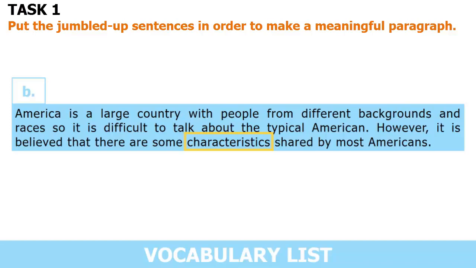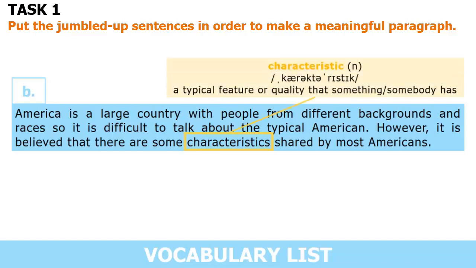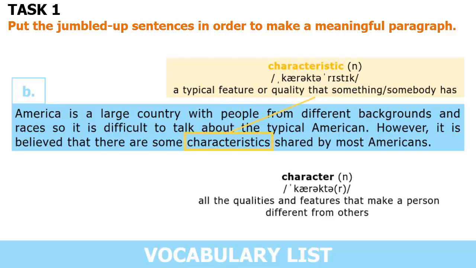A characteristic is a typical feature or quality that something or somebody has. It means nét đặc trưng, đặc điểm. We also have another noun, character. It means all the qualities and features that make a person different from others. The Vietnamese meaning is nét đặc sắc, tính cách.